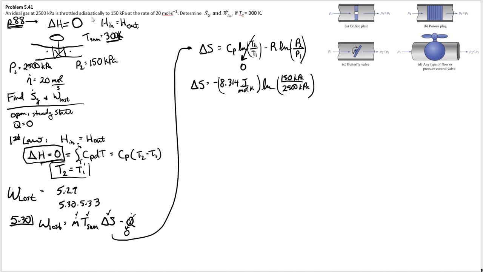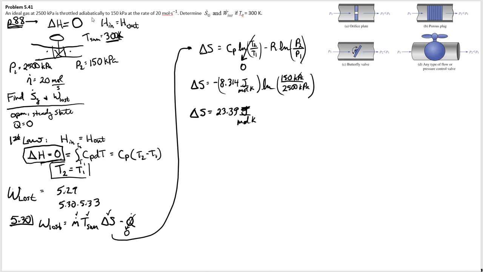All right, and I get delta S is equal to 23.39 joules per mole Kelvin.